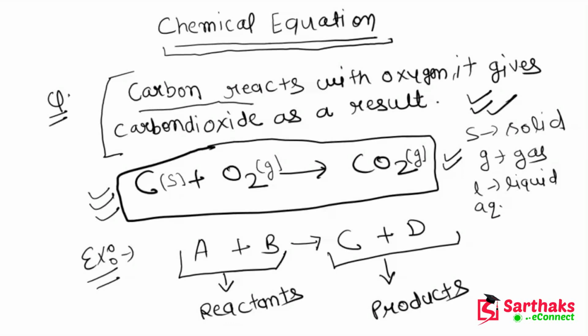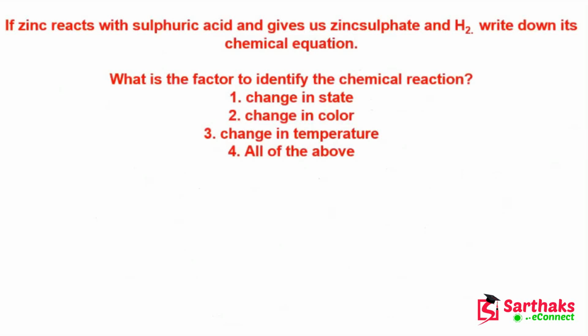Okay guys, I hope you were able to understand how we can write a chemical reaction. Now let's talk about some examples. Let's move on to the next slide. Students, here two examples are given.